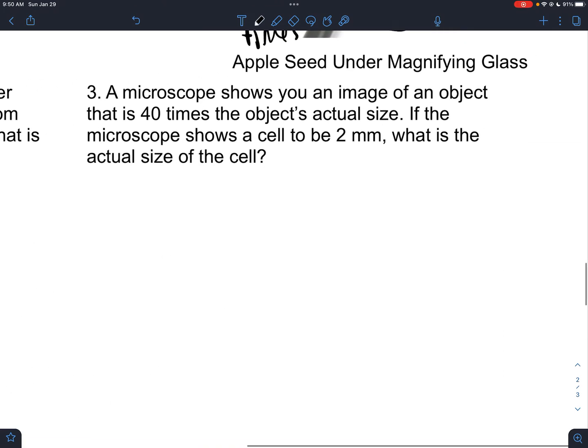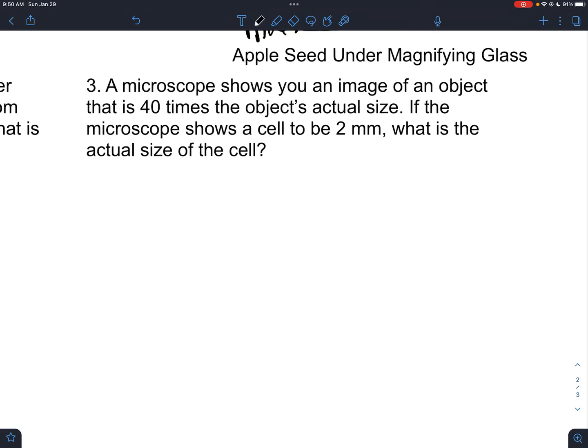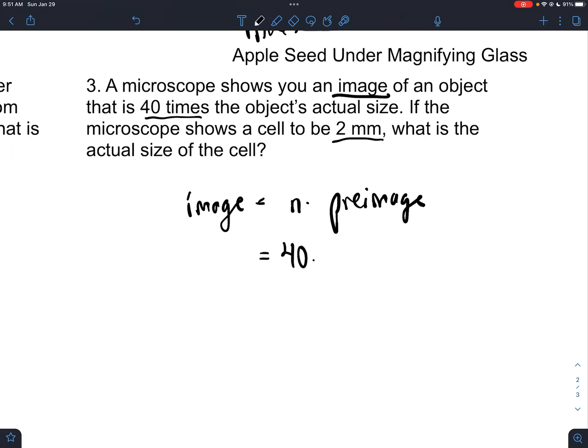Okay. And finally, a microscope shows you the image. When I write down my formula, I know for sure that the image, which they don't tell us until here, because they say 40 times, must be 40 times the pre-image to get the 2 millimeters.